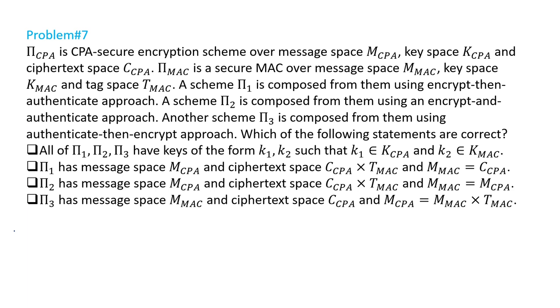Another scheme pi 2 is composed from them using the encrypt and authenticate approach. And scheme pi 3 is composed from them using the authenticate then encrypt approach. Which of the following statements are correct? So you have comments on the key space, message space, and tag space for the corresponding MAC and encryption scheme.